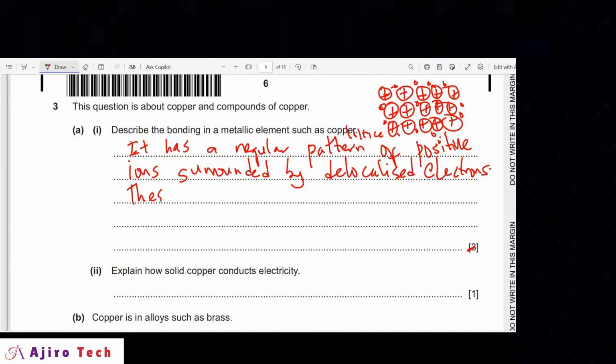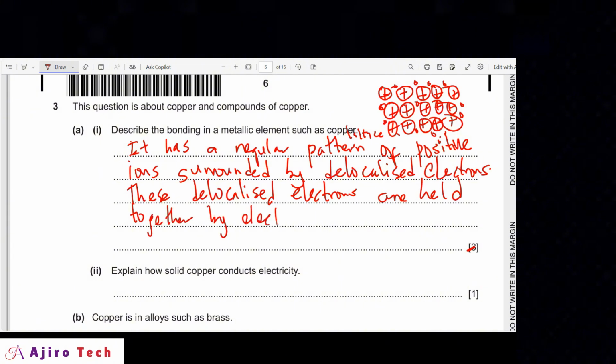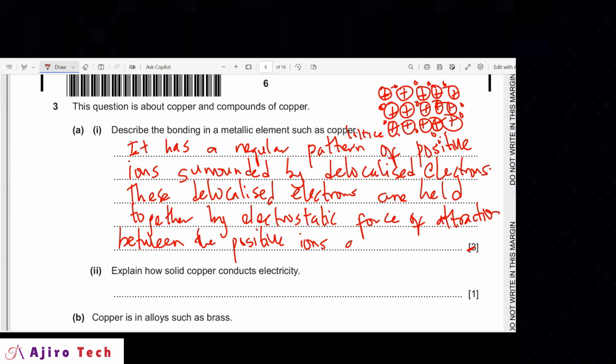These delocalized electrons are held together by electrostatic force of attraction between the positive ions and the negative electrons. These electrons we know are negative.